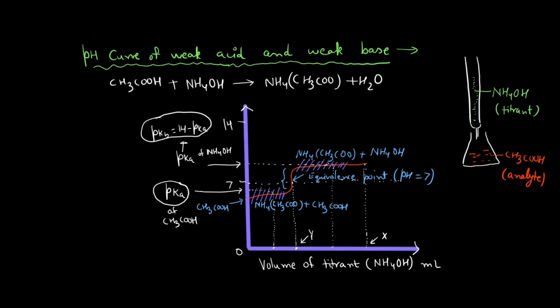Okay, so what are the salient features of this curve? The salient features of this curve are: the equivalence point is at pH 7. The y-intercept is at pH less than 7, and we have two buffer zones here.